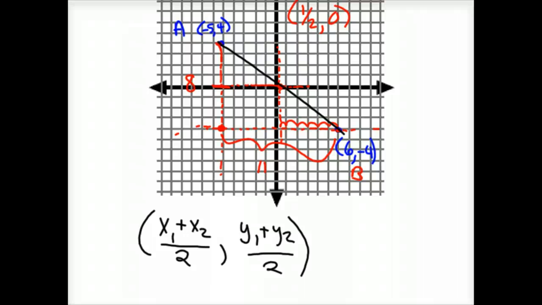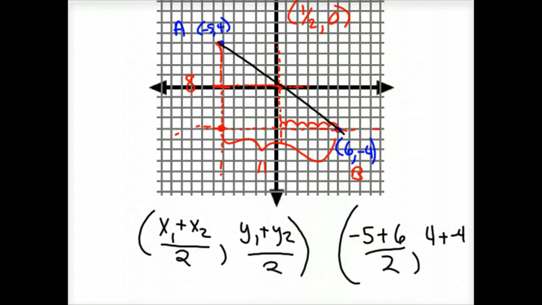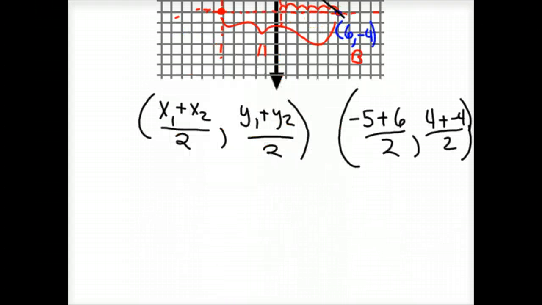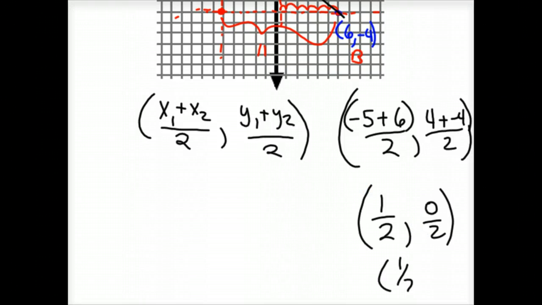If you did that with our particular points, that'd be negative 5 plus 6 divided by 2, comma 4 plus negative 4 divided by 2. Negative 5 plus 6 is 1 over 2, and 4 plus negative 4 is 0 over 2. And so 1/2, comma 0 is your midpoint.